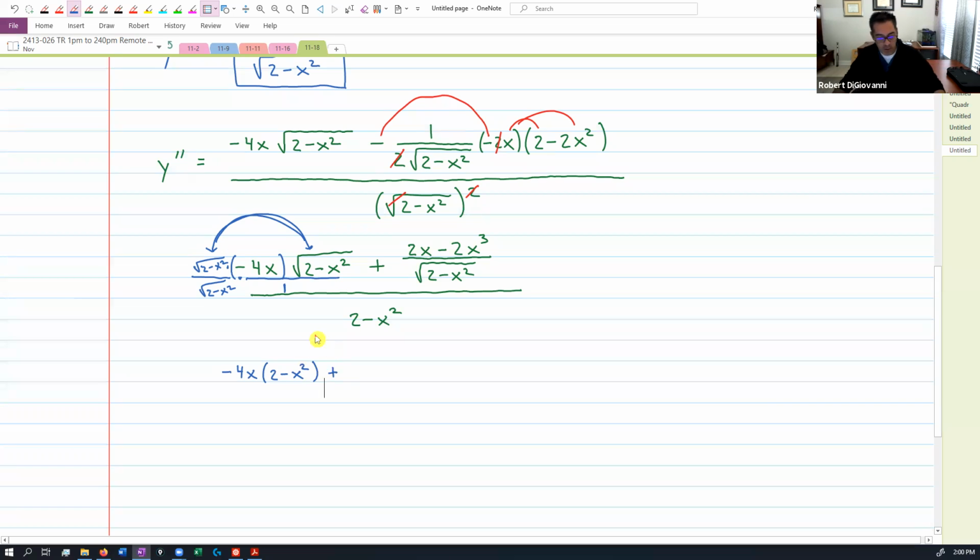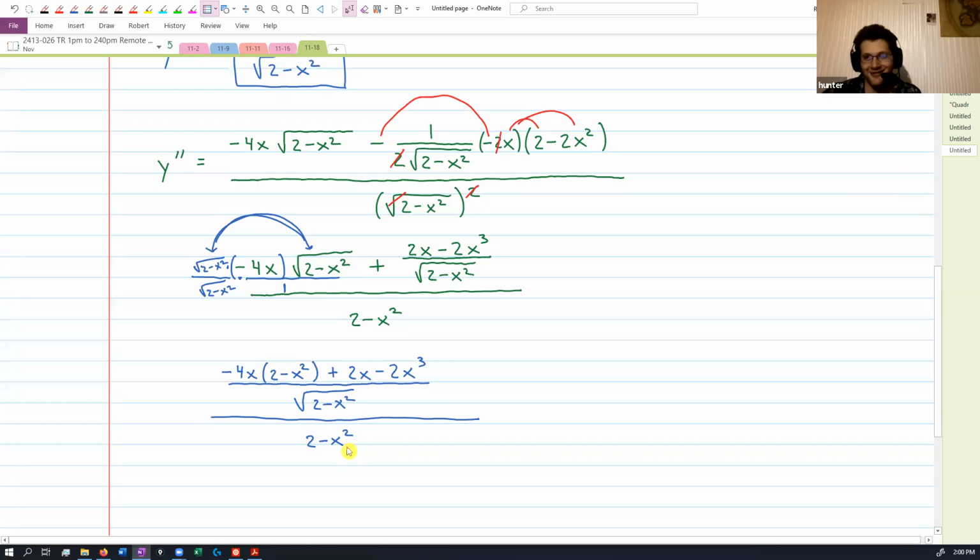Then I have the other one's numerator, 2x minus 2x cubed, all over their common denominator, root 2 minus x squared, all of this over 2 minus x squared. Are we having fun yet? It's interesting. Equals. All right.